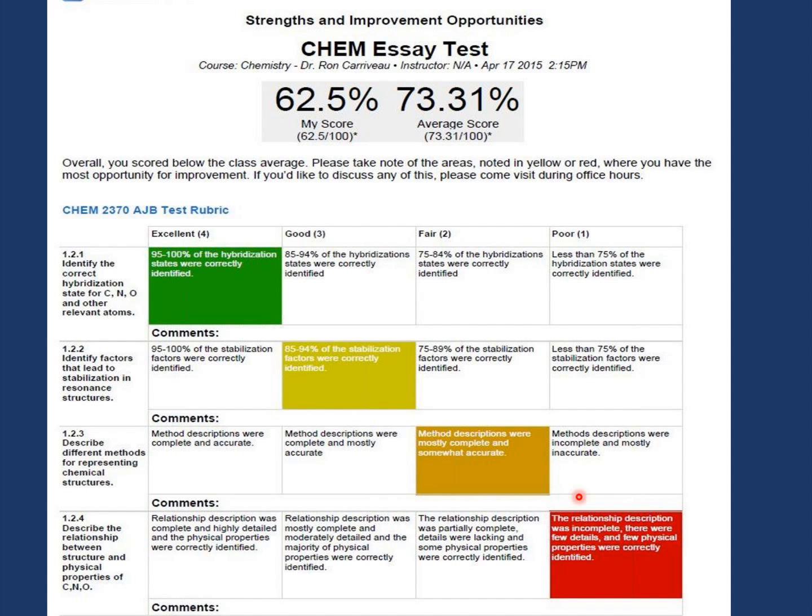The scale up there goes from 1 to 4. This happens to be a 4, fair, good, excellent, but we try to stay away from the word 4 because you can put whatever titles you want on it. But clearly the student is excellent on outcome 1.2.1 and needs a lot of work on 1.2.4.